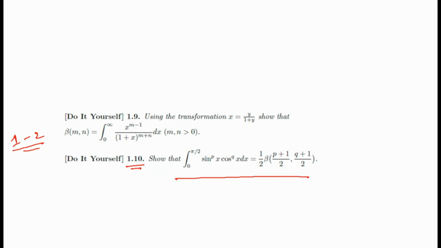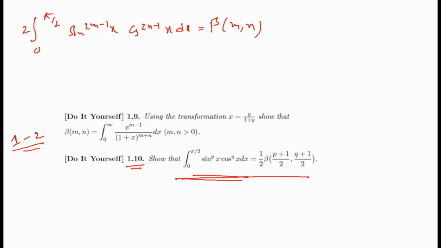We already know form 3 is 2 into integral from 0 to pi by 2 of sine to the power 2m minus 1 x cos to the power 2n minus 1 x dx equal to beta(m, n). If you want to calculate that, you put 2m minus 1 equal to p and 2n minus 1 equal to q.